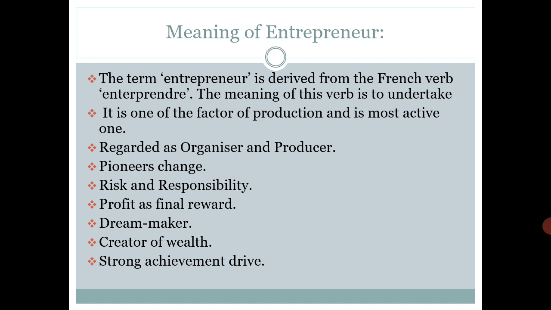Getting it? So what is the meaning of entrepreneur? See, when we were discussing the meaning of entrepreneur, at that time itself, we have highlighted 4 factors of production, isn't it? Further, when we elaborate these factors of production, to operate a business or to operate an organization, what you are in need of?